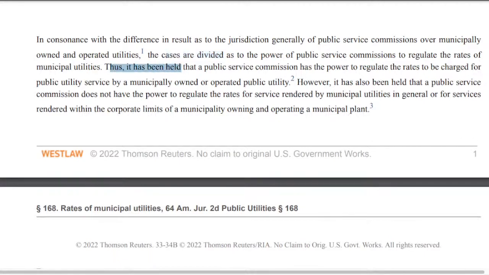See, thus it has been held that a public service commission has a power to regulate the rates to be charged for public utility service by a municipally owned or operated public utility. However, it has also been held that a public service commission does not have the power to regulate the rates for service rendered by municipal utilities in general, or for services rendered within the corporate limits of a municipality owning and operating a municipal plant.